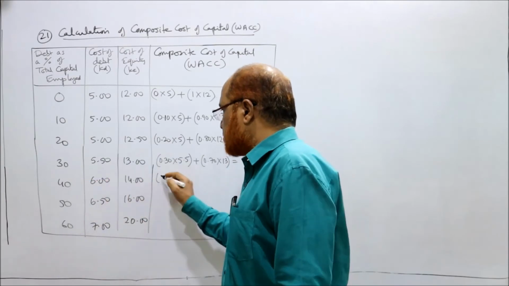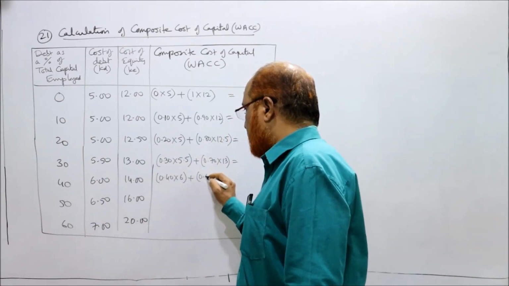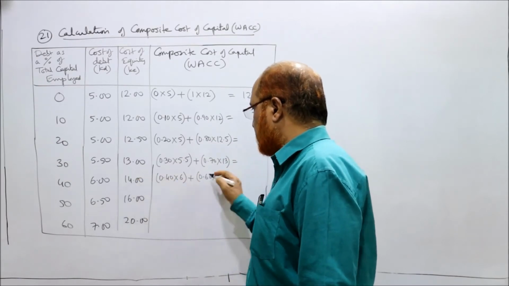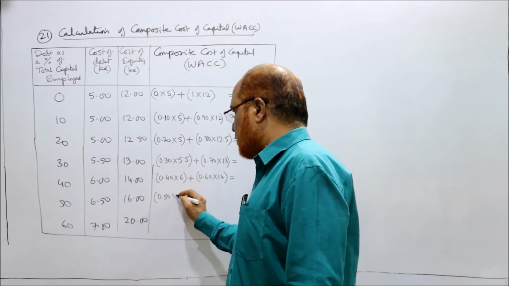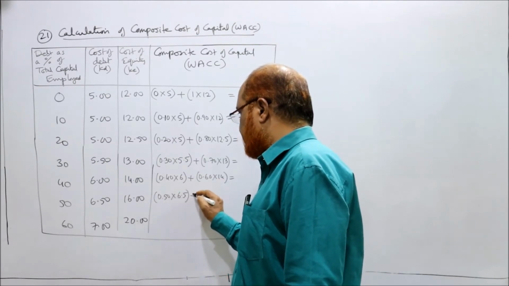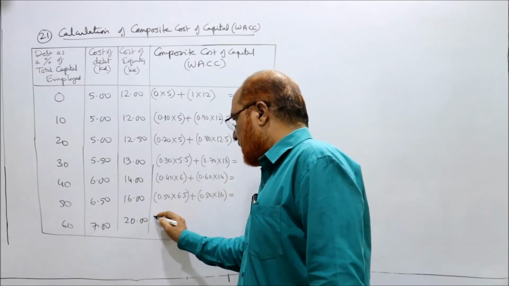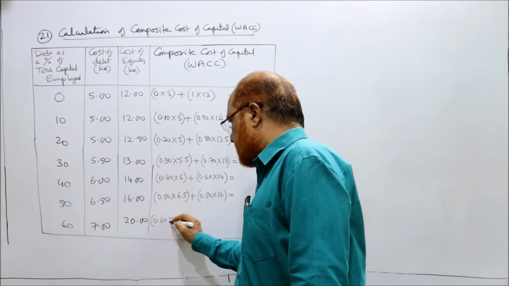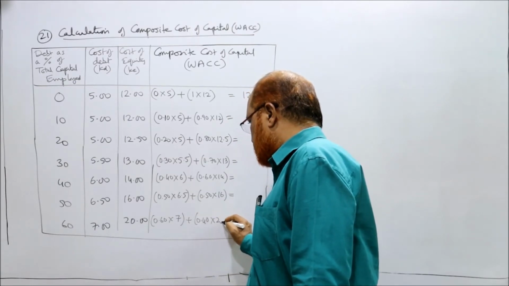Similarly 40%, 0.40 into 6 plus 0.60 into 14. Similarly 0.50 into 6.5 plus 0.50 into 16. Last one 0.60 into 7 plus 0.40 into 20.